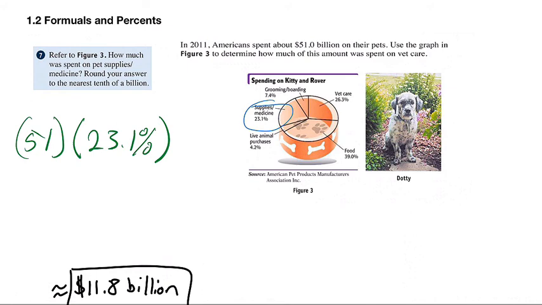So now if we're going to do this multiplication, if that's a percent, we need to change that to a decimal. Now if that was 1%, we move the decimal to the left. You can think of the percent symbol as meaning 1 over 100.